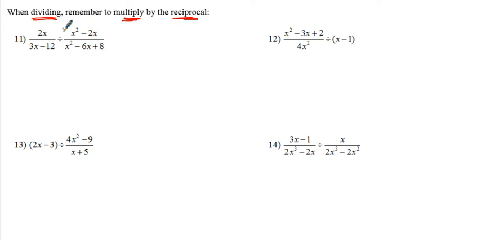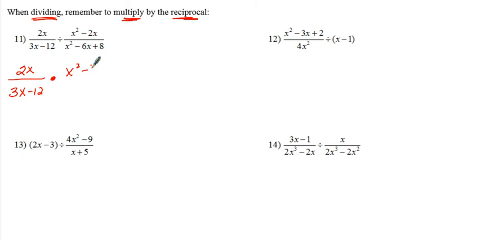So this first fraction does not change. It stays the same in a division problem. It's the one that comes after the division that we flip. So let's turn this divide into a multiply, and let's flip the fraction.